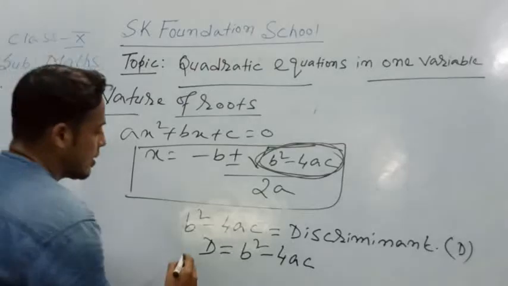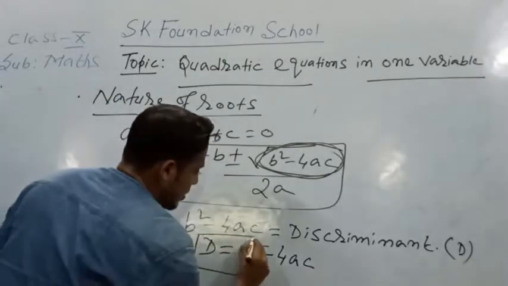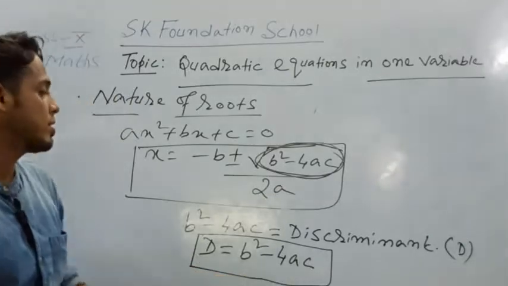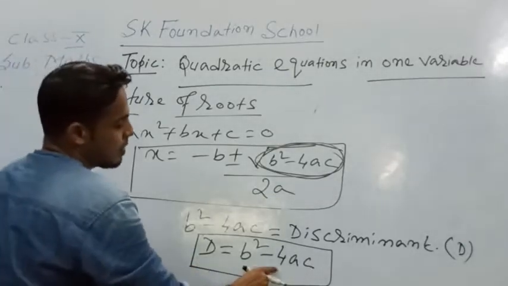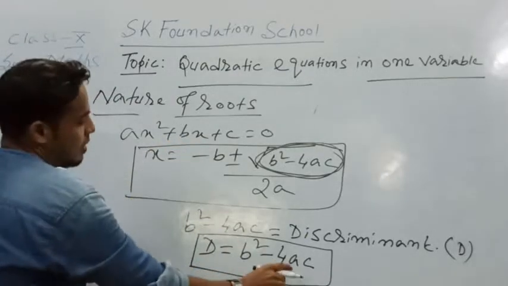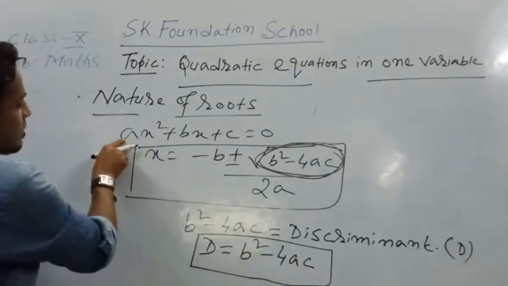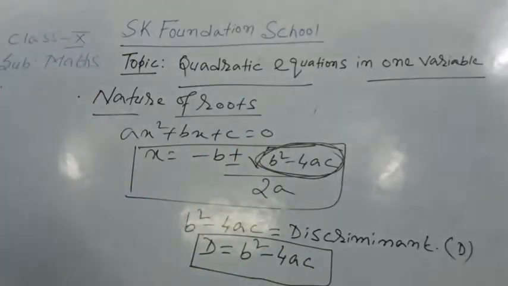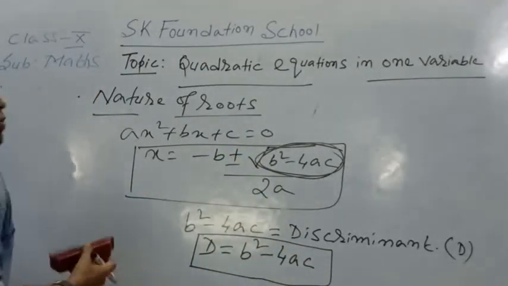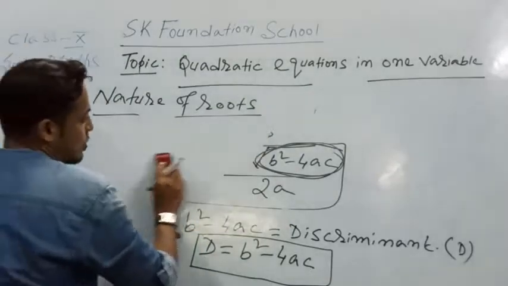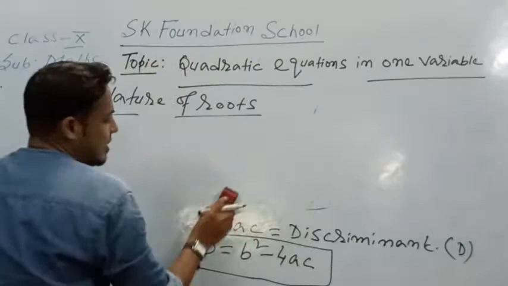So the discriminant means b square minus 4ac, where b is the coefficient of x, a is the coefficient of x square, and c is the constant term. Now there are a few conditions when we discuss the nature of roots. There are a total of 3 conditions.